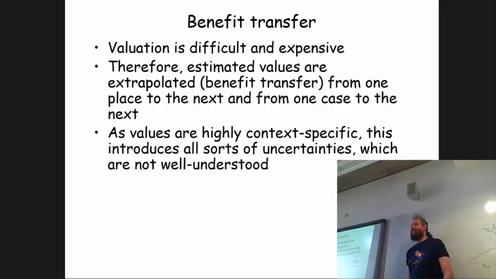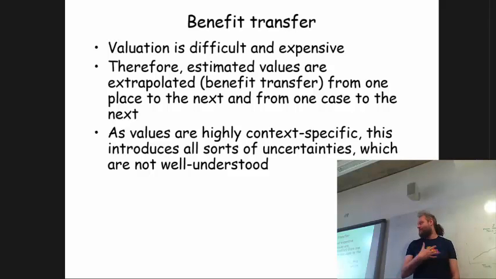Contingent valuation is more difficult and more expensive. So the costs of a single primary valuation study are easily £50,000, but can also easily become £500,000. Because of that, there are only a limited number of primary valuation studies.